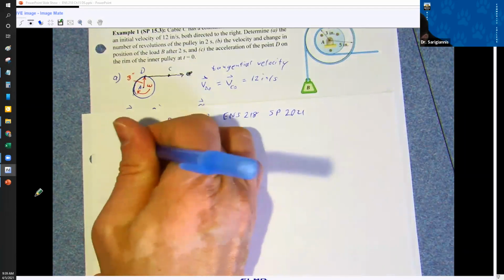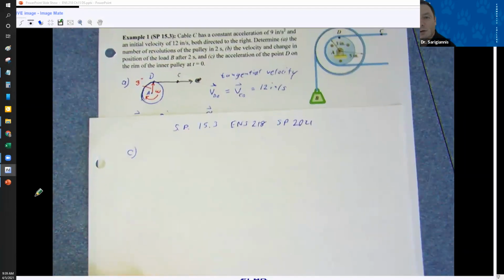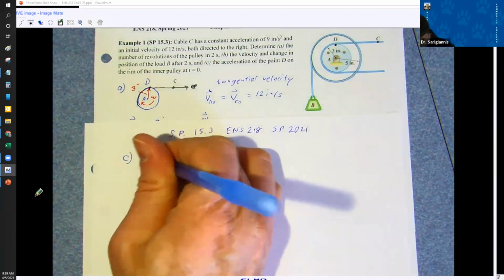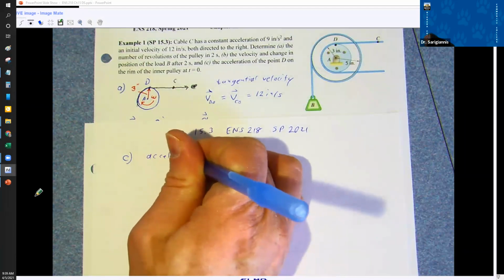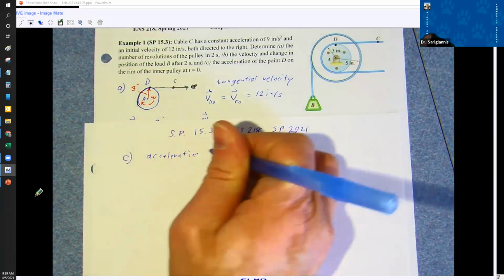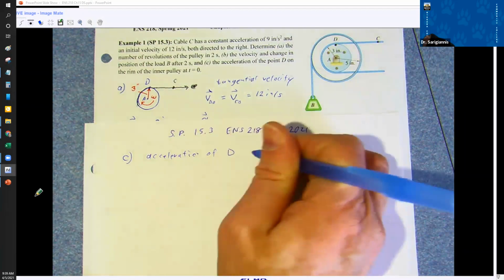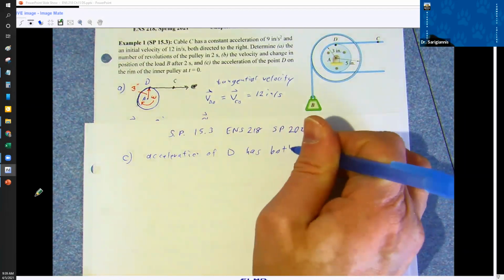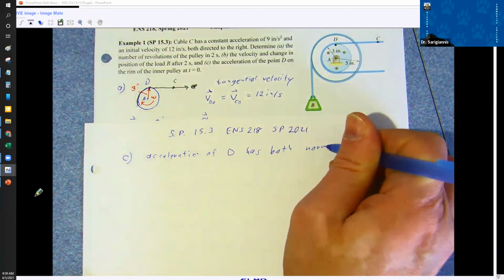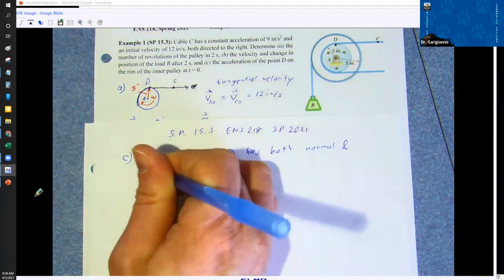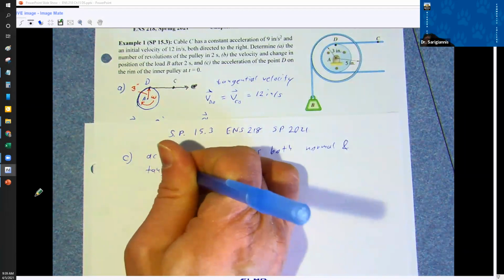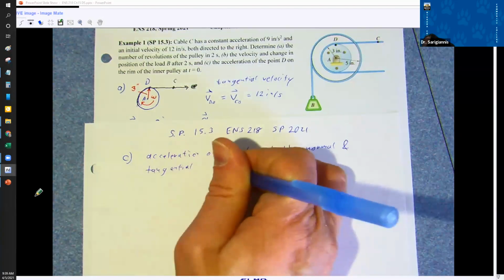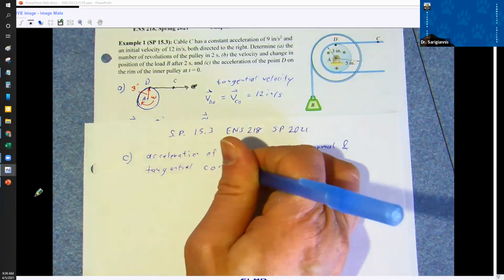So part C: acceleration of D has both normal and tangential components.